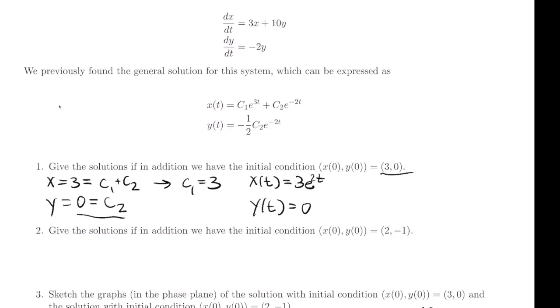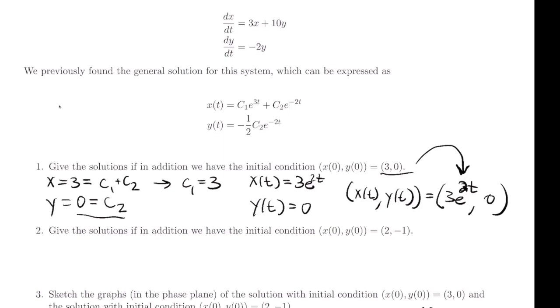So our solution to the initial value problem would look like this. And so this is just saying, right, if initially we don't have anything in population Y, then we're never going to have anything in population Y. And then we can write out what this solution would look like in the corresponding phase plane, just thinking about it in terms of x and 0 and y.